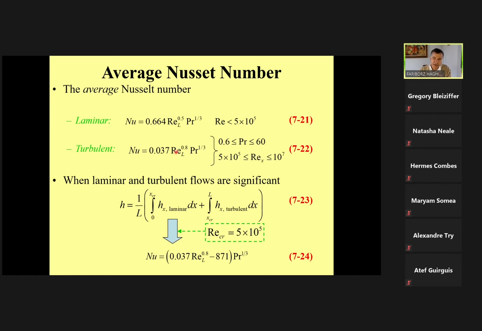Depending on the type of fluid and the velocity you have, maybe this portion is important, maybe it's not. But this equation is more complete than this one because it considers the contribution of both the laminar and the turbulent flow. Therefore, this is a more correct version of the equation. Any question, please?